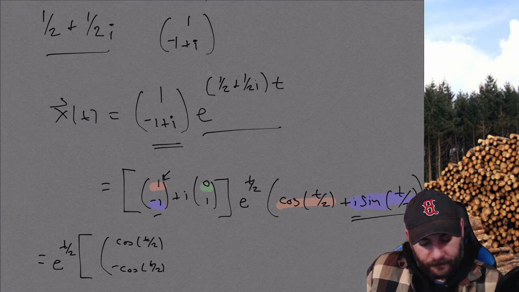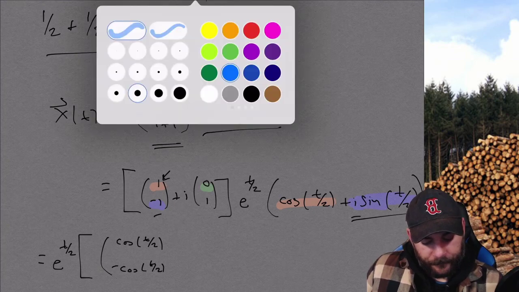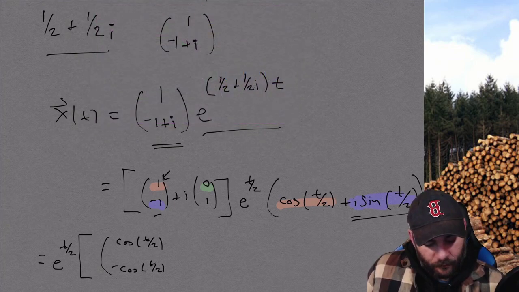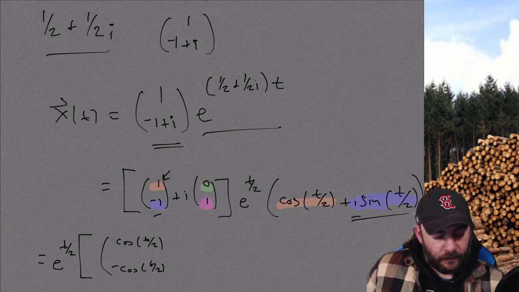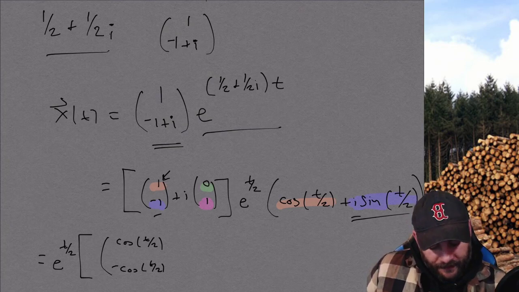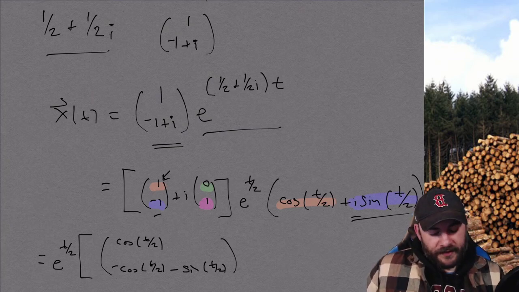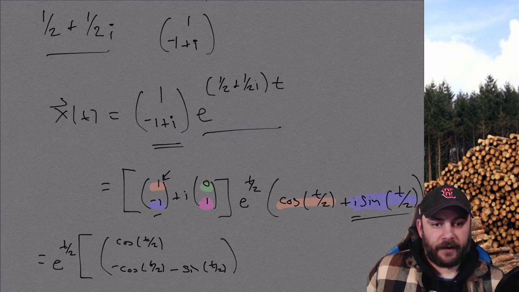But if I multiply that i sine business with this 1 right here, with the i in front of it, those two i's will become a negative 1. And so I can add onto here minus sine t over 2. And that's all the real stuff from this whole big product.